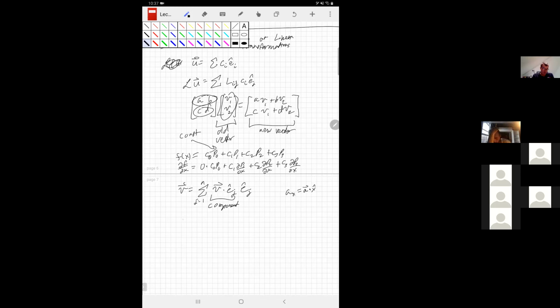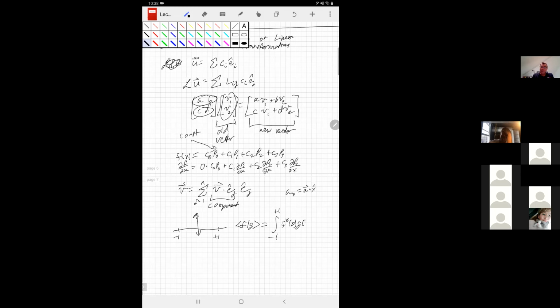If I've got two functions defined on the interval from -1 to +1, if I want to find the inner product of two functions f and g, it was the integral from -1 to +1. It's the functions multiplied with each other.